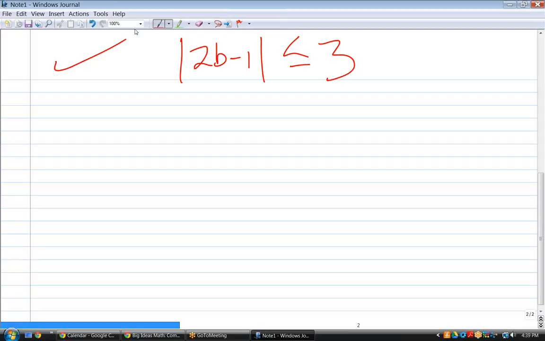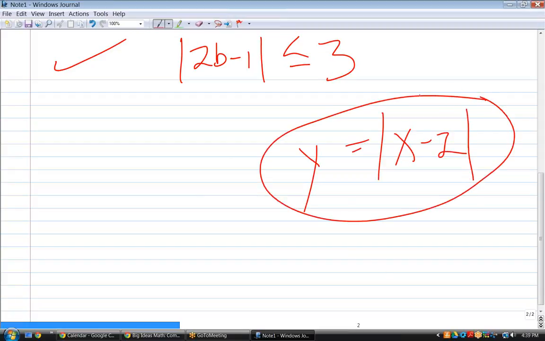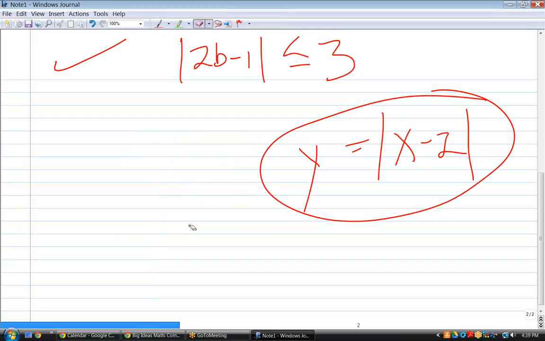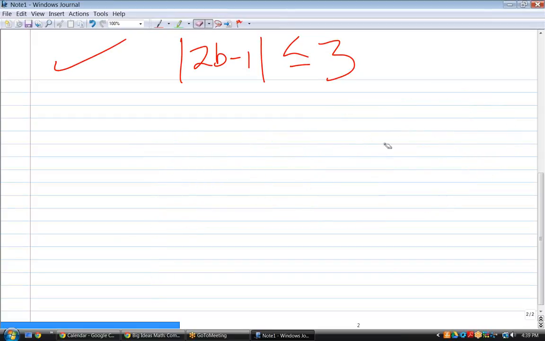When I was talking before, that has two variables. So this plots in the xy plane as that. If you only have one variable, then it's going to graph along a single number line. Let's solve this, and I'll show you what I mean.